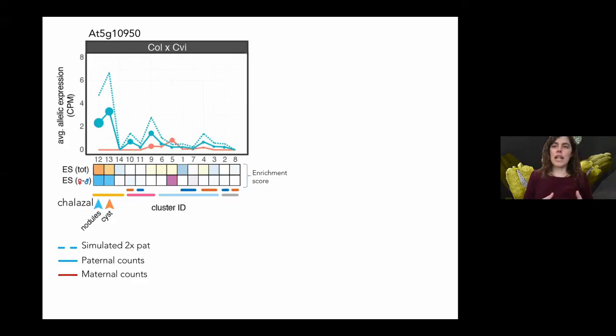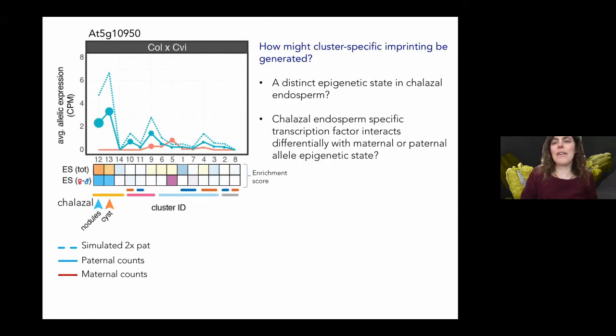What we're interested in now, of course, is trying to understand how you actually generate these sorts of expression patterns. I don't have the answer for you. So we're thinking about how cluster-specific imprinting might be generated. It could be that there's a distinct epigenetic state in the callosal endosperm, and when we look at the expression of epigenetic regulators, we have found that there are a set that are specifically expressed in that part of the endosperm and not in other parts.